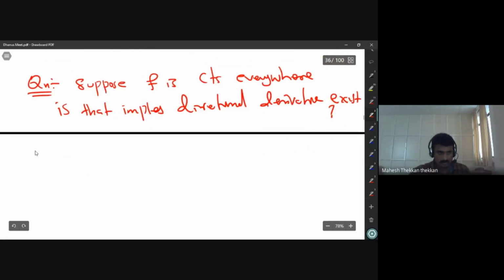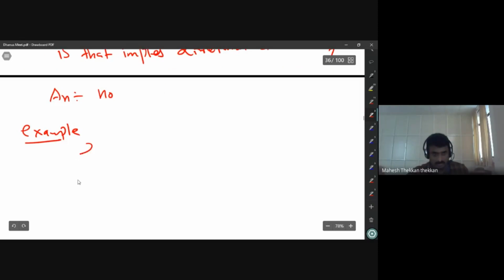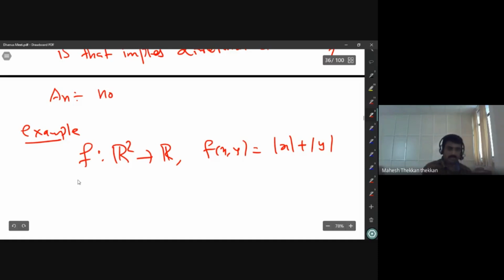You should work this out. The example is very simple. You can easily do it. I'm not going for the computations. This is a function from R2 to R, and f of (x,y) is equal to mod x plus mod y. You can try this function. Its directional derivative does not exist at (0,0) in any direction.